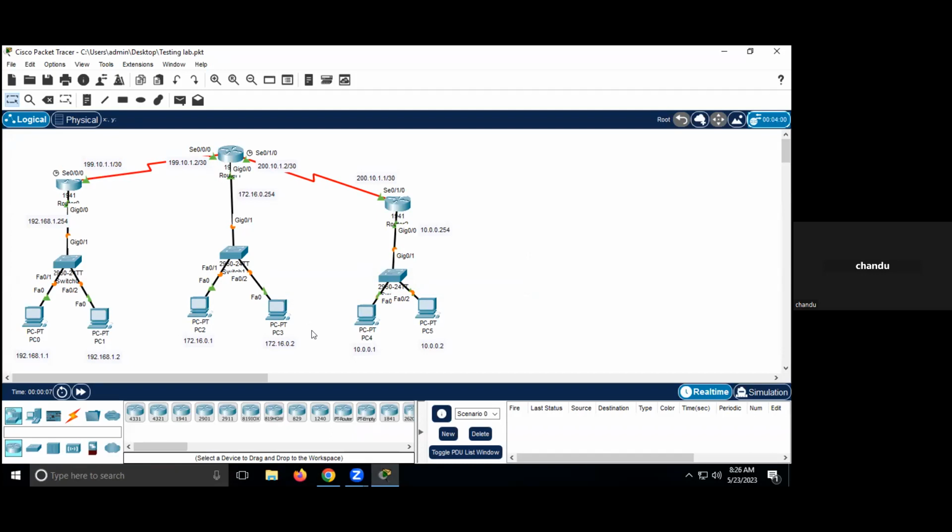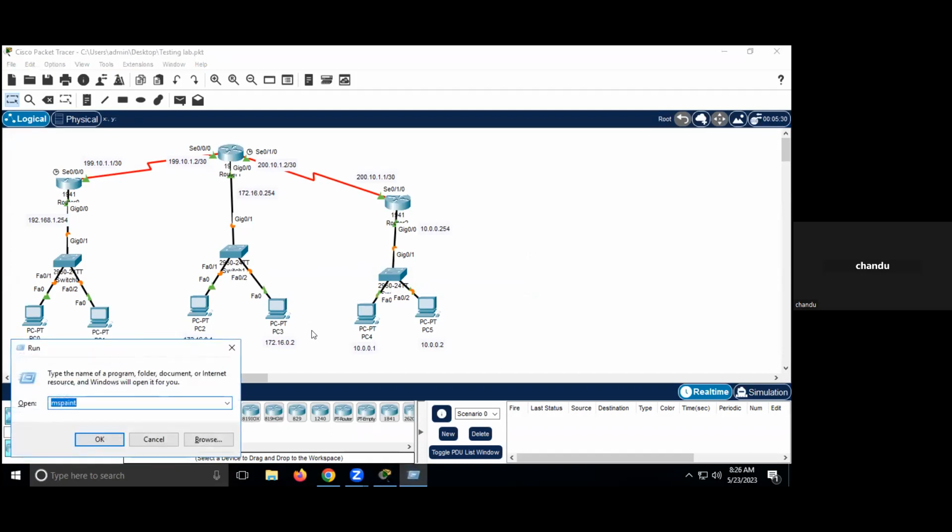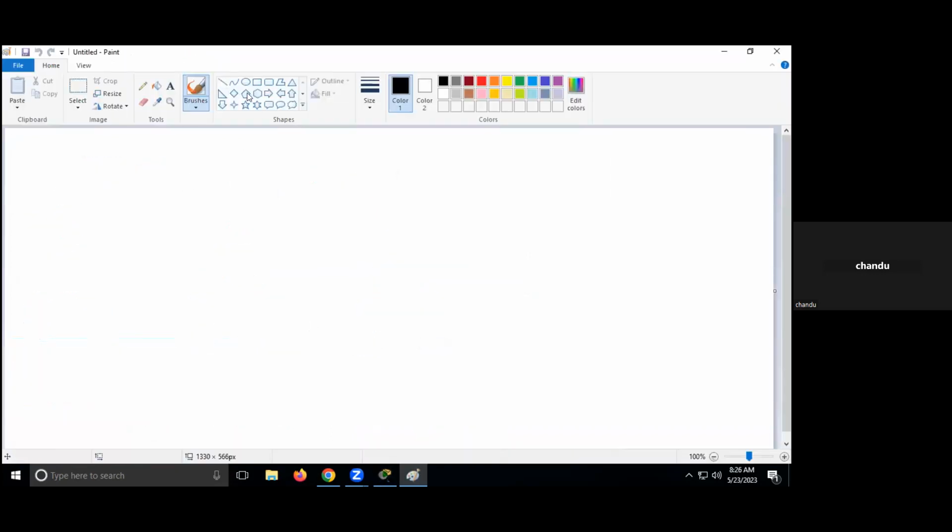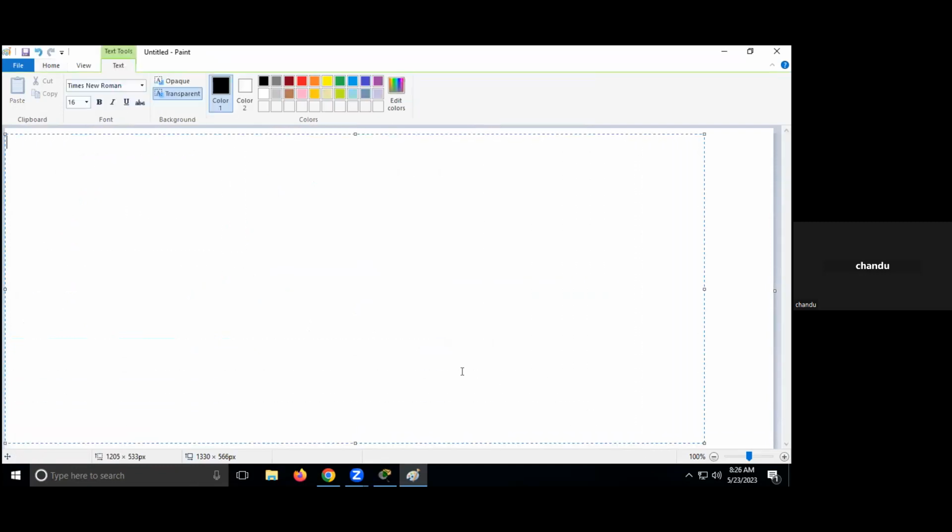So in today's class, we are going to learn about EIGRP. EIGRP stands for Enhanced Interior Gateway Routing Protocol.